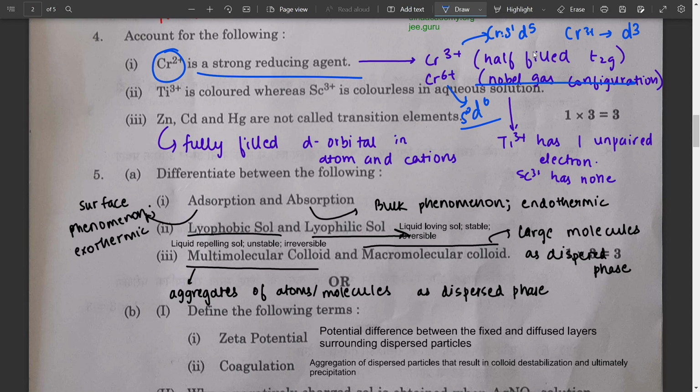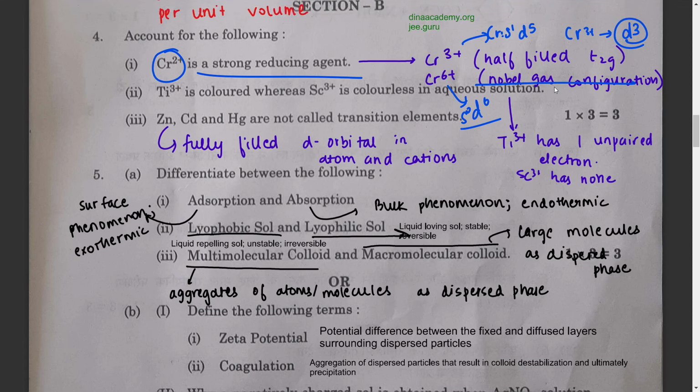And Cr3+, the immediate next oxidized species, has d3 in it, which is a half-filled t2g level. And this is mentioned in NCERT that a half-filled t2g level brings stability to the cation. So that's why the products of the oxidation are more stable, and hence this is a strong reducing agent.